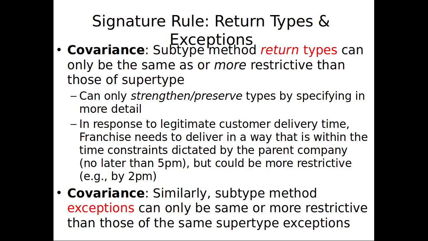So if Zap up here in the supertype returns an object, or let's say it returns a set, could we in the subtype return any old collection?